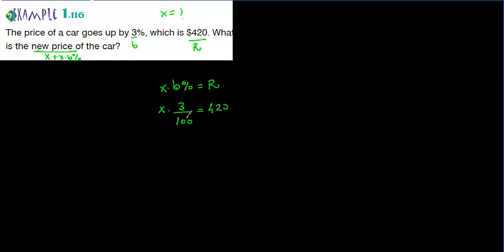So here, in this case, 3x over 100 is equal to 420. This 100 should go to the other side and we should multiply, because it is division here, and on the other side it's going to be multiplication. 3x is equal to 420 times 100, and x is equal to 420 times 100 over 3.